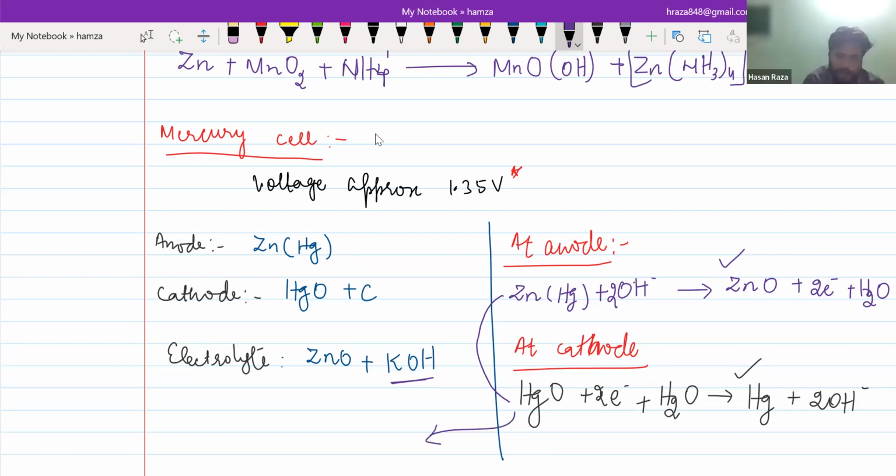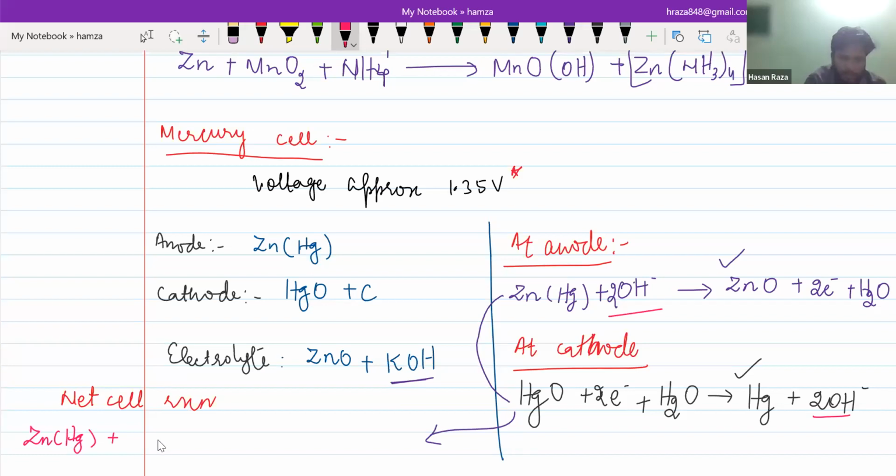So please write the net cell reaction also. I'm going to write it here. Electron and electron will be cancelled with each other. So net cell reaction will be Zn(Hg) plus, you can see 2OH minus on the left hand side and 2OH minus on the right hand side will also be cancelled.